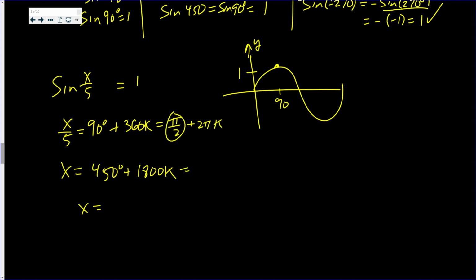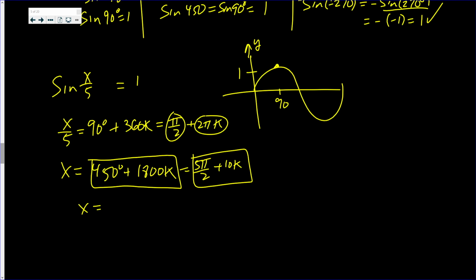Multiplying by 5, I get 5 pi over 2 plus 10 pi k. So that's another way of representing the one answer, as long as we multiply by 5 correctly. 2 pi k times 5 is not 10k, it is 10 pi k. Okay, that's the answer to that problem.